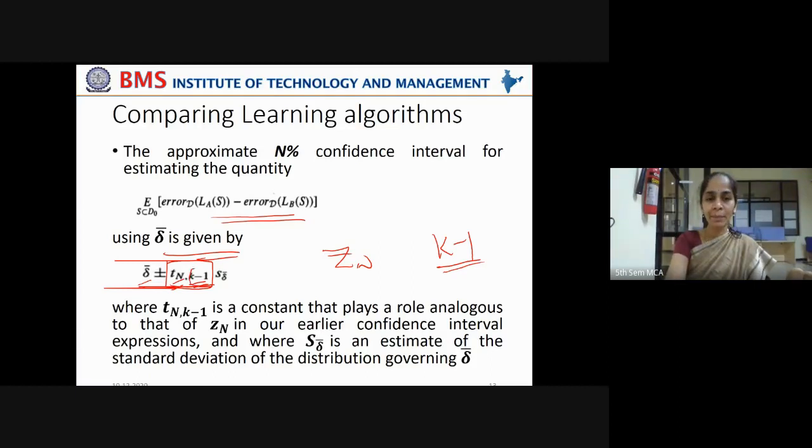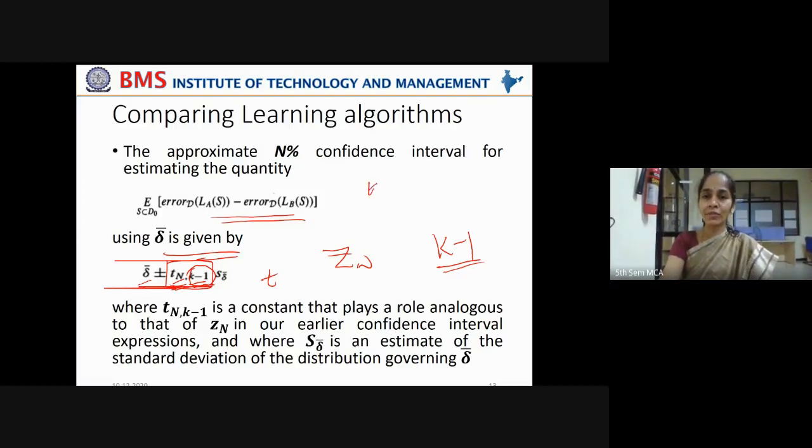Okay, so this k minus 1 is the degrees of freedom to measure the error, right? So T critical value is calculated. For this also you will have tables in Google. When you search for the T table, you will get at what degrees of freedom, at what confidence interval, you will have a T value. It will be given as a table.